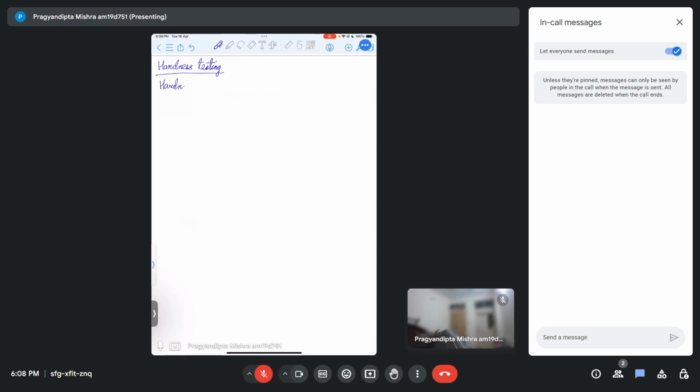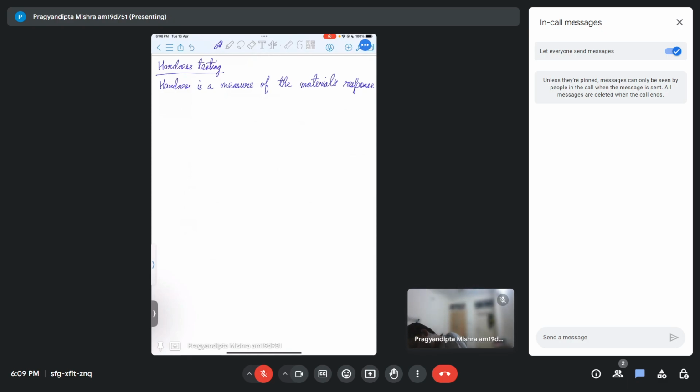So let's write it down. Hardness is a measure of the material's response. Now, what kind of response is this? This is always resistance. The material will try to ensure that deformation does not happen.